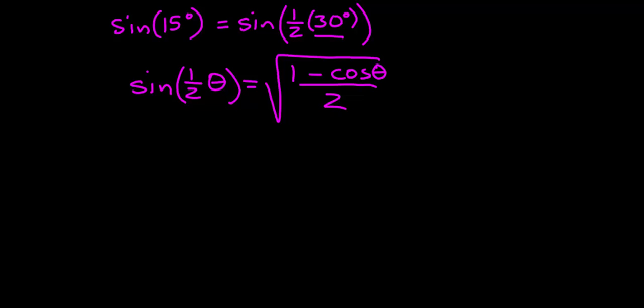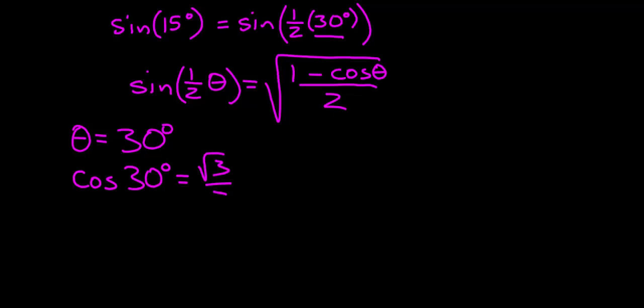And it's plus because we're in the first quadrant. So let's see how this looks. Theta is equal to 30 degrees, so we need to figure out what cosine theta is. Well, cosine of 30 degrees is the square root of 3 over 2.